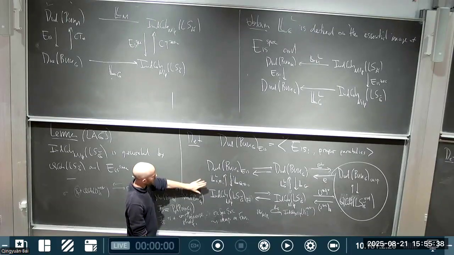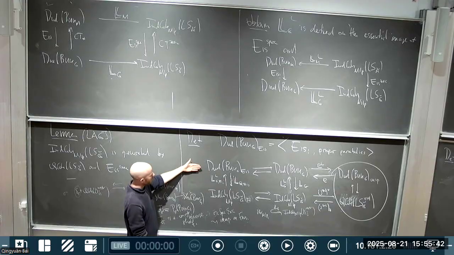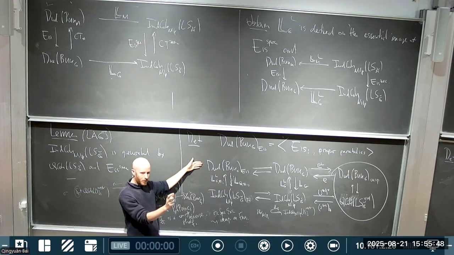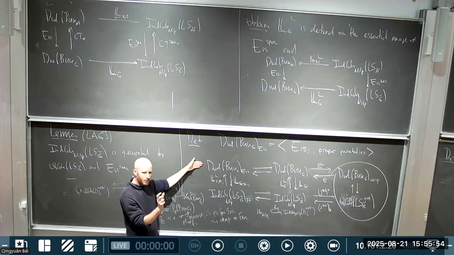For PGL2, you can quickly compute that these two categories are the same. And what does that really amount to? You take two Eisenstein objects, maybe they're both i-shriek of something, and you try to compute their Homs and compare the answer to what you get down here. So their Homs compute a constant term of an Eisenstein series.